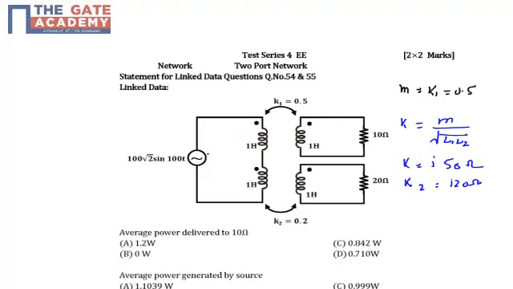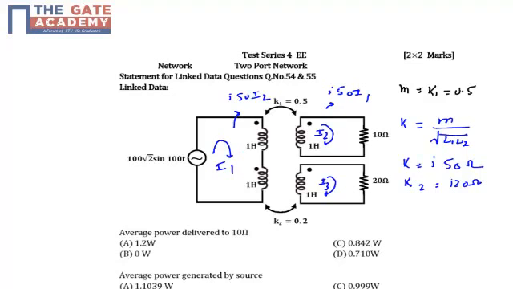It means that with respect to the source current, in the first coil we have a current I1. Let us assume in the second coil we have a current I2. Similarly, in the third coil we have a current I3. Because of the current I1, we have an induced voltage in this coil of magnitude j50 I1. Similarly, because of I2, we have an induced voltage in coil 1, which is j50 I2.